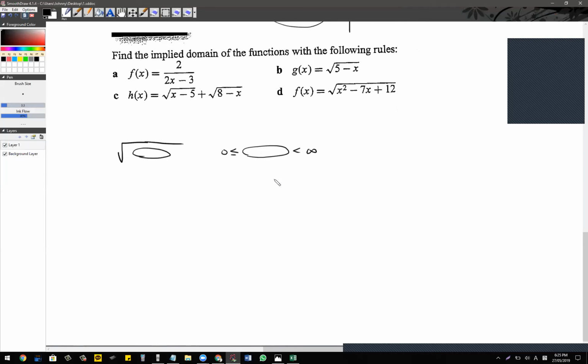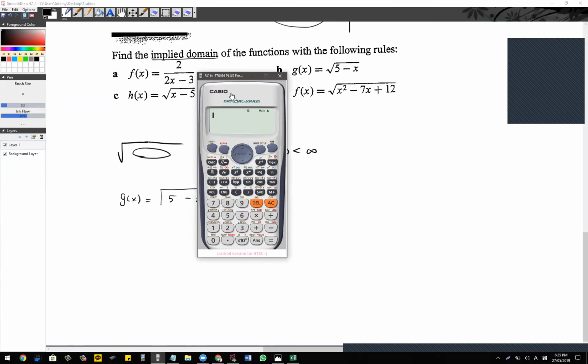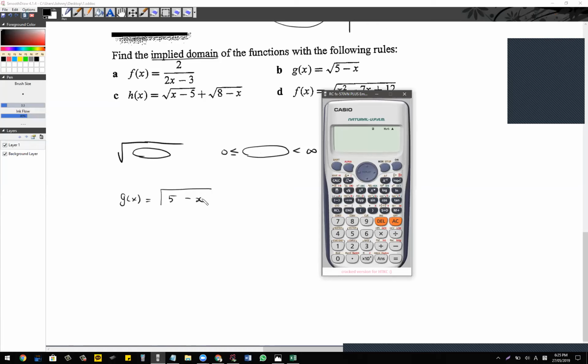Now, we're going to try B here first. So g of x is equal to the root of 5 minus x. All right, so we're trying to find the domain, the implied domain, which is the largest possible domain, all the x values that can be plugged in here. Definitely we can see that if x is equal to 6, 6 is not allowed because root of 5 minus 6 is a negative value, and you cannot plug a negative value inside of the root.